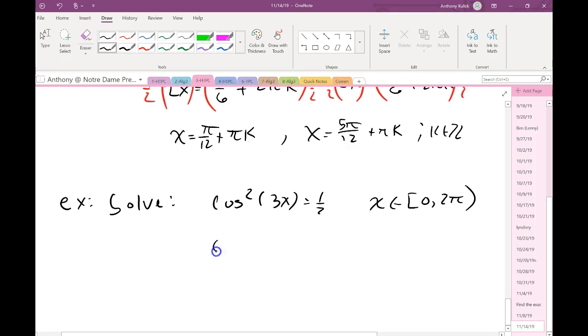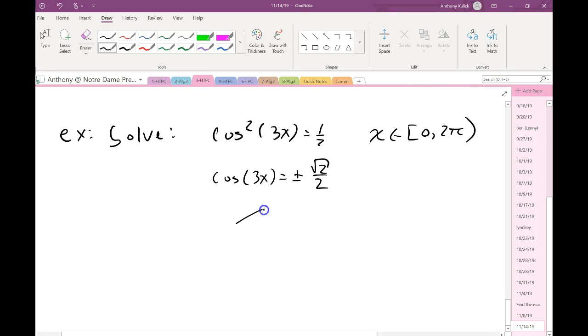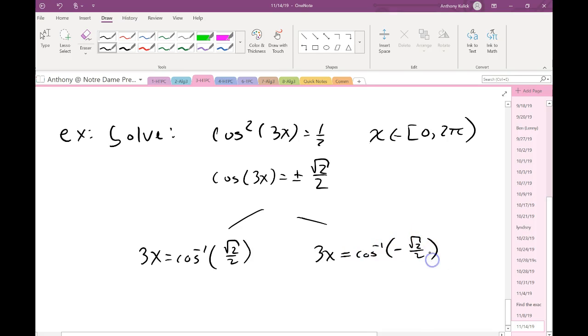So, first thing we would do is need to square root both sides. Then we're going to break this into 2 separate equations. So I get 3x is equal to the cosine inverse of root 2 over 2, and 3x is equal to cosine inverse of negative root 2 over 2.